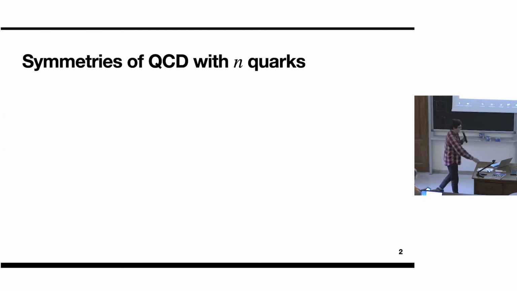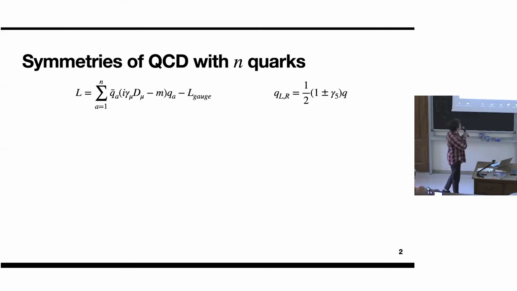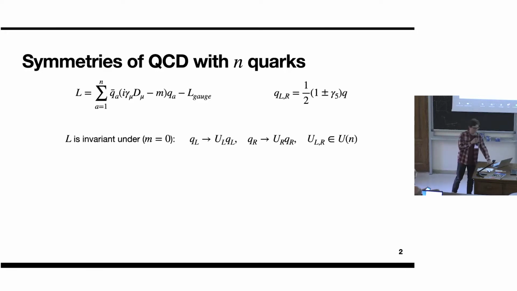I would like to talk about the QCD Lagrangian and its symmetries. We all know that the QCD Lagrangian has this form, the quark part, and if we take zero mass, we can separate left and right handed quarks so that we can rotate them independently.